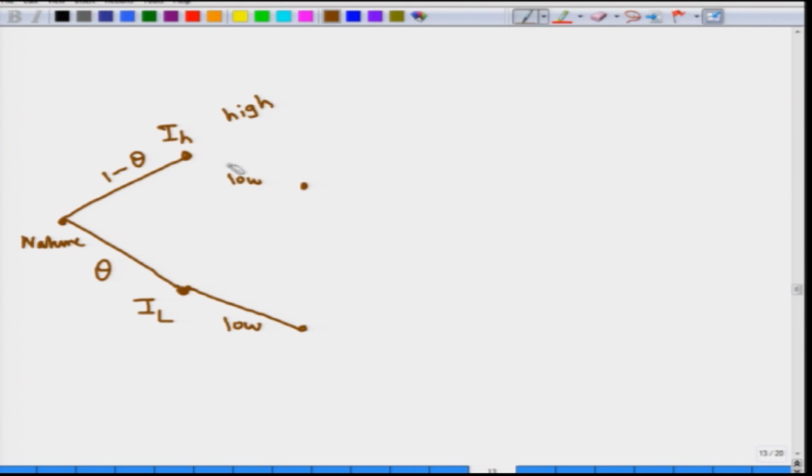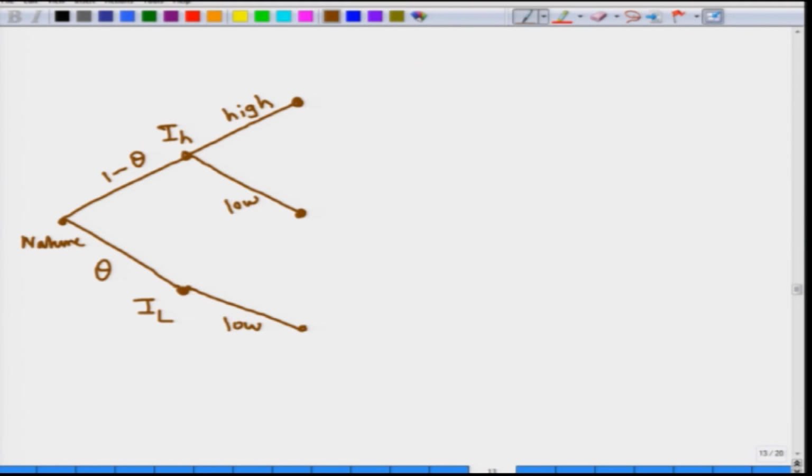So, let us draw this more accurately, right. And after this, the incumbent can either charge a low price or a high price. So, we are not choosing to draw this branch tree where the low cost incumbent is going to charge a high price, we will not draw that.